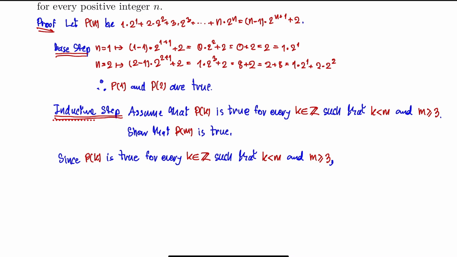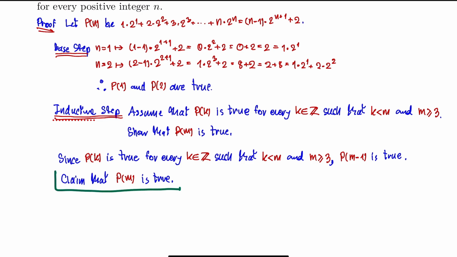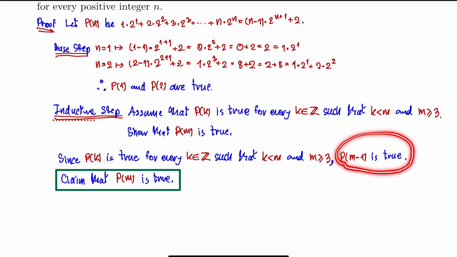We can use that P of m minus 1 is true, right? Okay, P of m minus 1 is true, and we claim that P of m is true. So we need to start with the case where P of m minus 1 is true. So what happens?